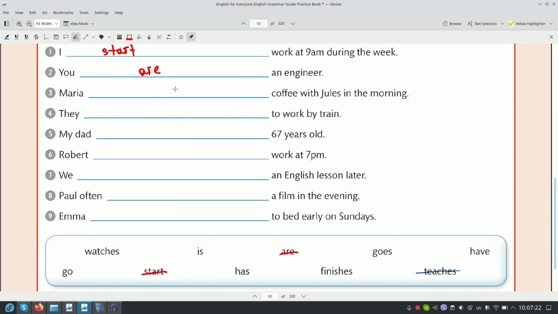Maria has coffee. They go to work by train. Number 5. My dad is Robert. Robert finishes work at 7 p.m. We have an English lesson later.